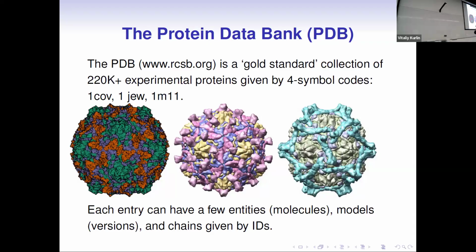Each experimentally measured protein is put in a CIF, more precisely, mmCIF file. Each file is identified by a 4-symbol code, and 4 letters are still enough, which means that there are not too many of them. Those are some representatives of those proteins within the files.